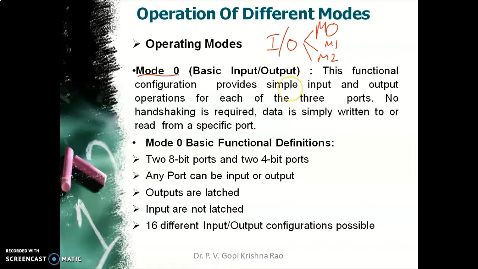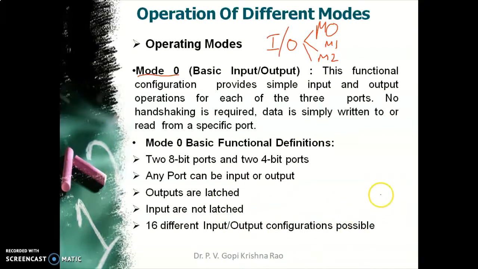This functionality provides simple input and output operations of the 3 ports, and you don't need any acknowledgement signals or handshaking signals. You just send the data and receive the data. In this mode you have 2 full 8-bit ports and 2 4-bit ports available. Full 8-bit ports are port A and port B, and the two 4-bit ports are port C upper and port C lower.